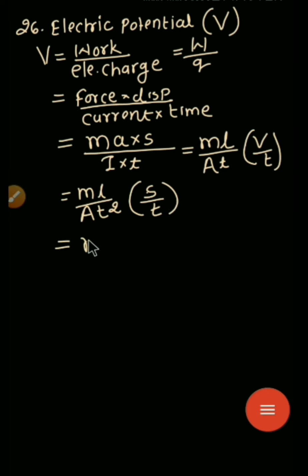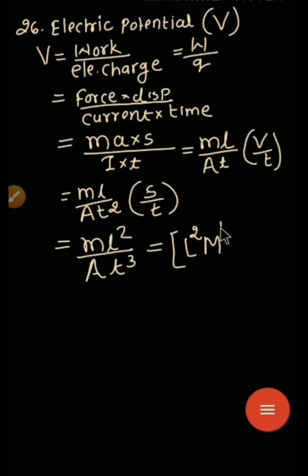So here we have mass, length square upon A for current, and this is time cube. Hence we have L of power 2, mass M1, T minus 3 and A minus 1. So this is the dimensional formula for electric potential, and if you want to write down the unit, it is volts.